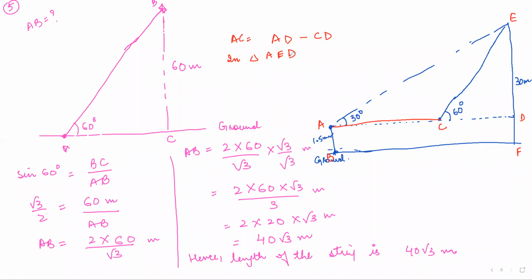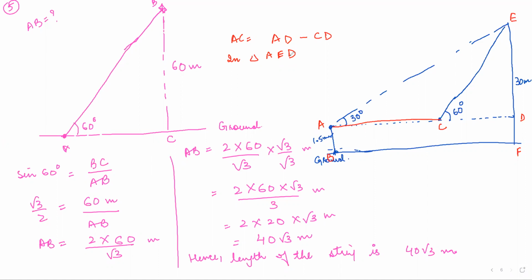So do I have the value of perpendicular here? It's 30. What about you, Abdullah? How much is my perpendicular here? What is the length of my perpendicular in this diagram?